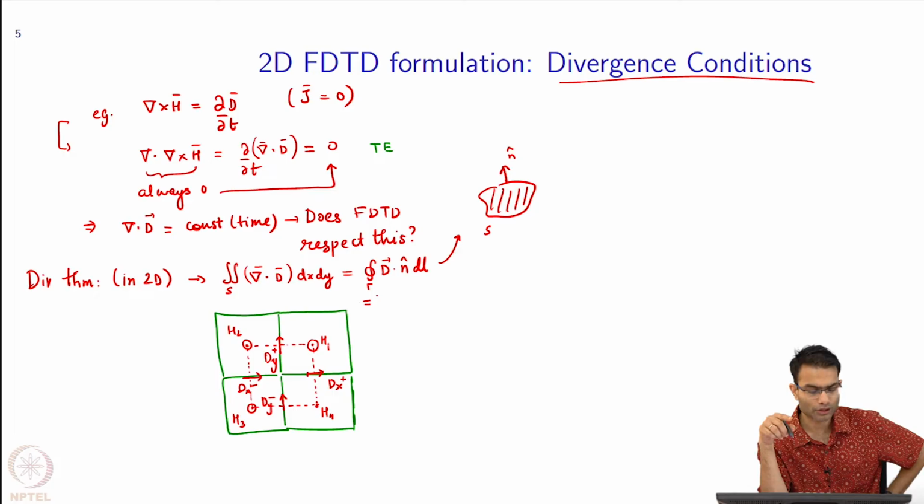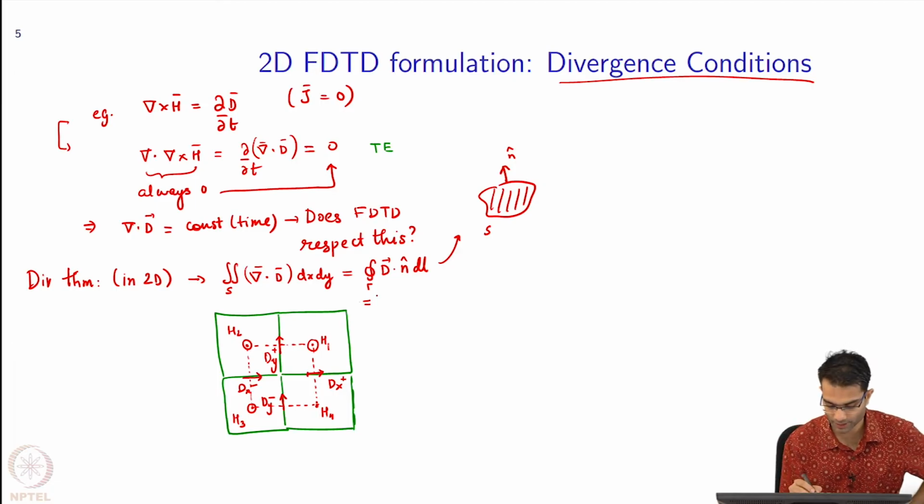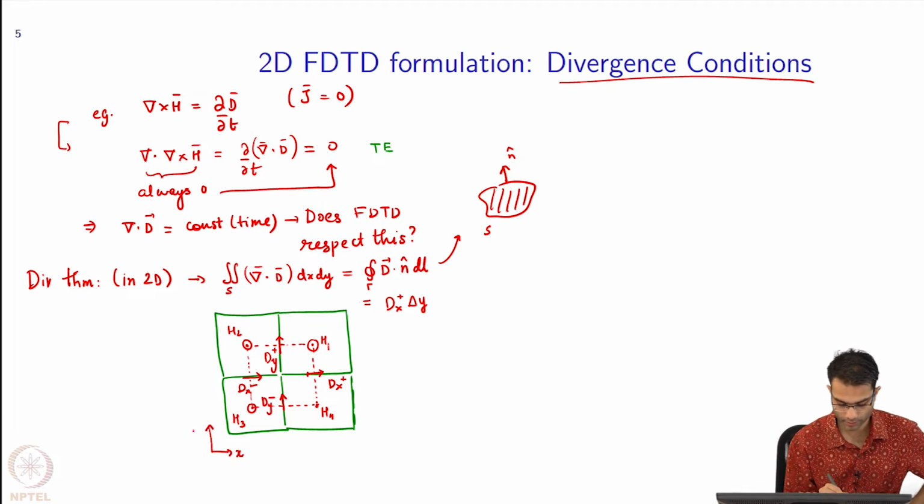We can assume that the value of Dx is approximately constant over this, right. So, what is the first term over here that I am writing? Dx plus multiplied by delta y, right. This is my x and this is my y.